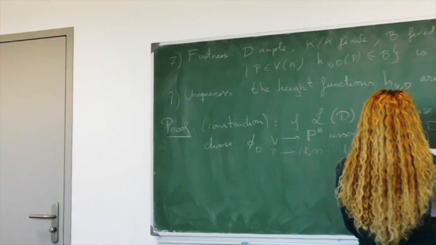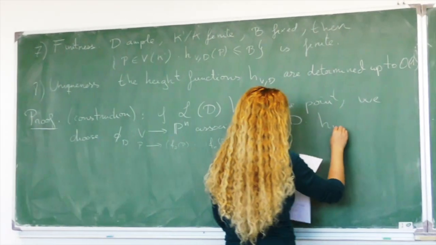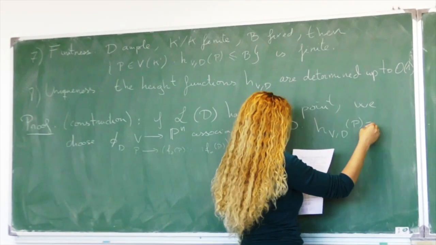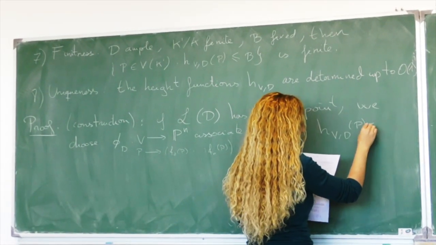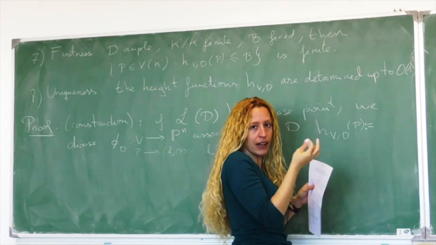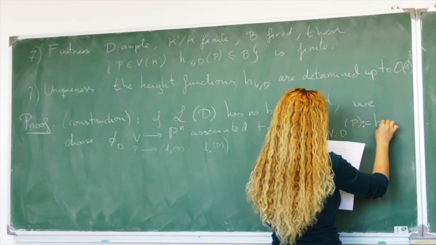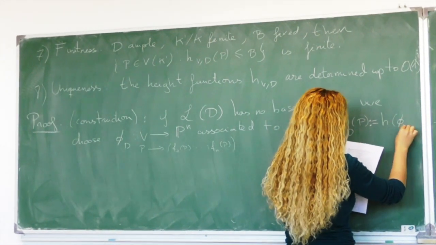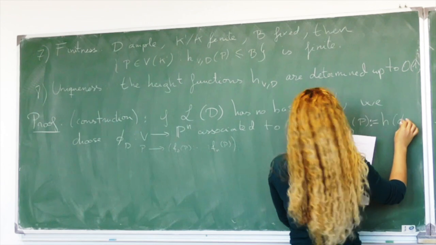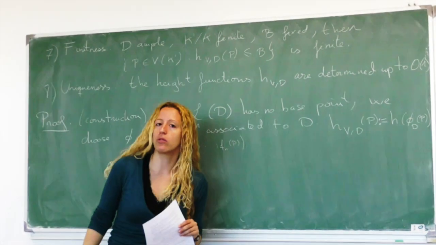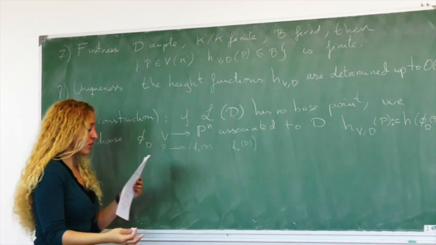So we define the height associated to this divisor at a point by definition. This is the Weil height machinery: we define it as the height in projective space of the image of the point by the morphism that we took. So this is the definition.